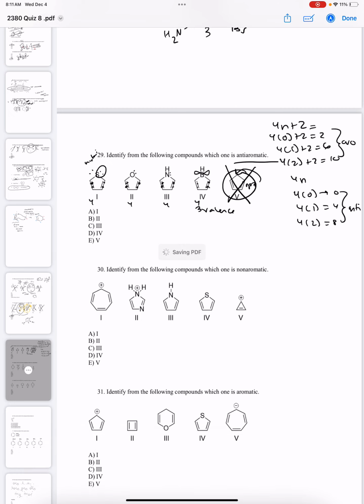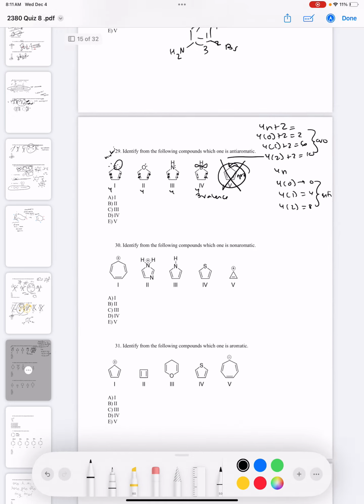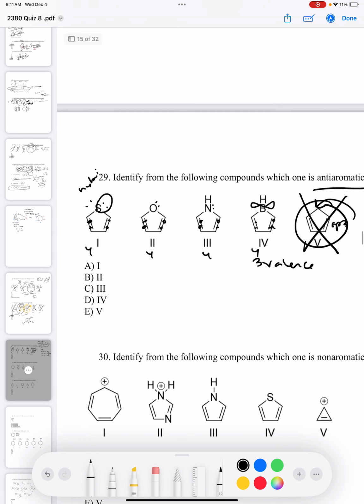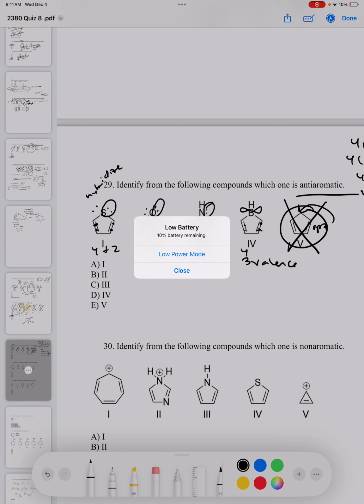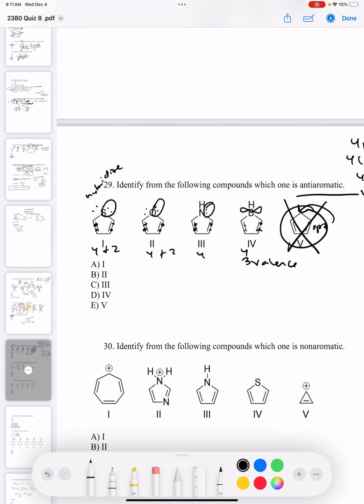We had a bunch of talks about that when we went over this. I'm not going to go completely over it now, but if you're not sure, go back to the homework on that. We had a whole class period where we just talked about lone pairs and aromaticity. But only one at most will contribute. So for all of these, we get 2 electrons from the lone pairs. There's no lone pairs here, though.